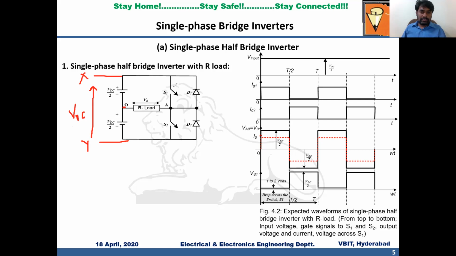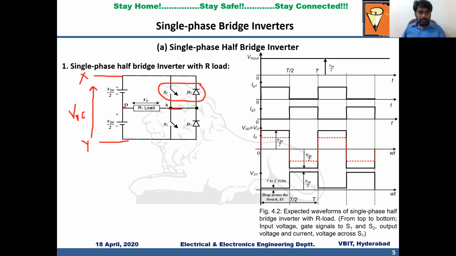Now you can see S1 and S2 are the switches, which may be GTOs or MOSFETs, any controlled device you can use, and each is connected anti-parallel to a diode. S1 is anti-parallel with diode D1, S2 is anti-parallel with diode D2.